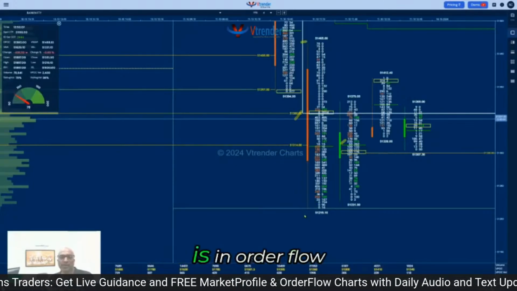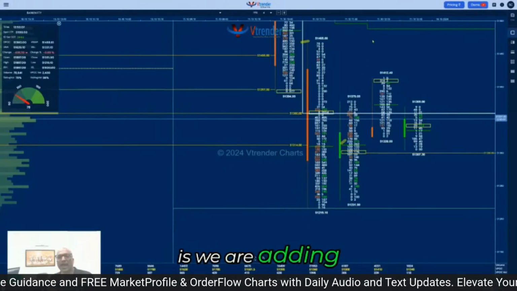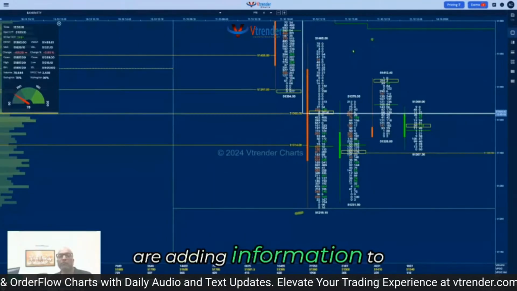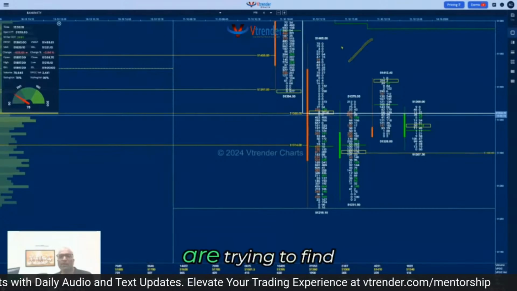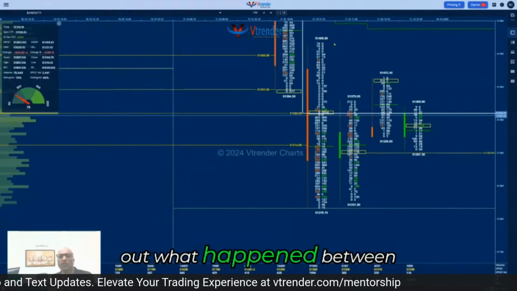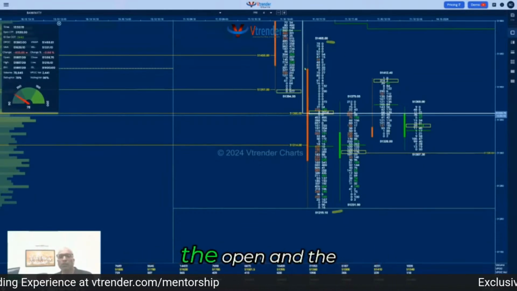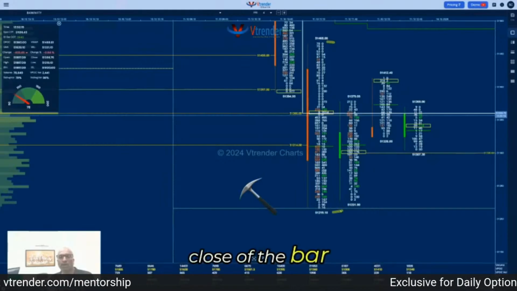So what we are doing in order flow is we are adding data to a chart. We are adding information to a chart, and we are trying to find out what happened between the high and the low of the bar, or what happened between the open and the close of the bar, right?